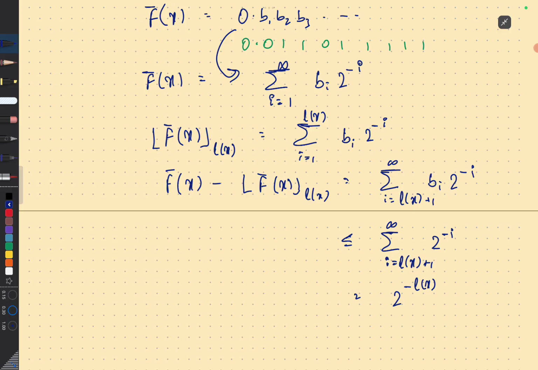But then what can you say about f bar of x prime truncated to L of x prime bits minus f bar of x truncated to L of x bits?